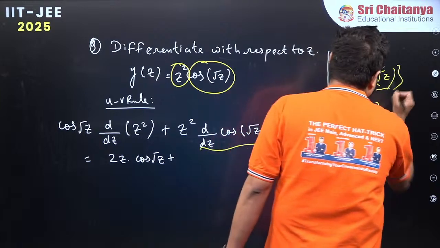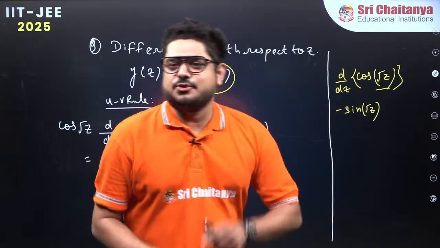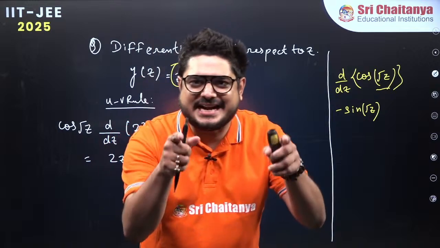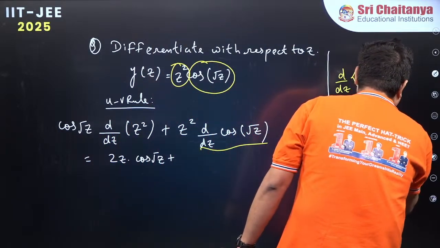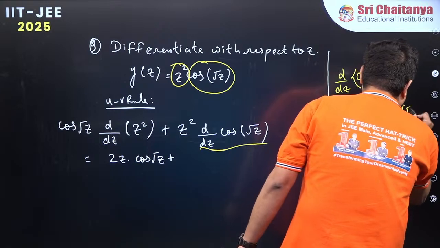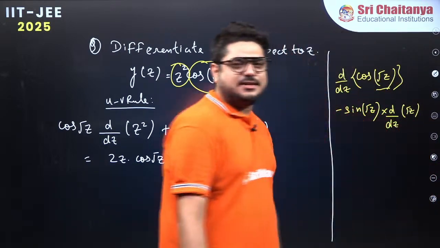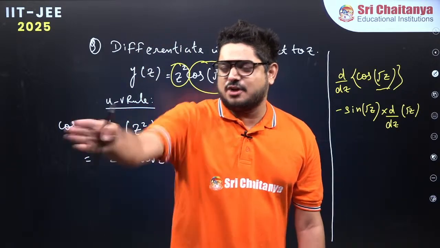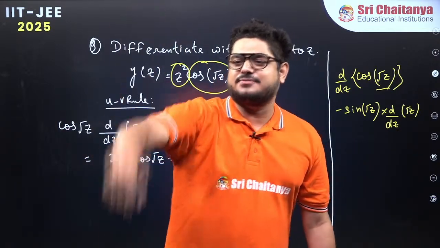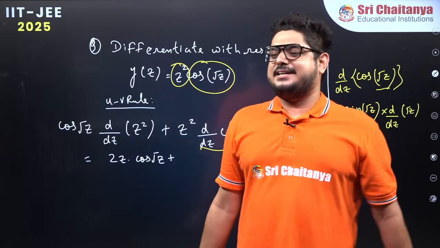But over here we are not having z, we are having root z. So what you have to do? You need to differentiate that root z with respect to z, isn't it? So into d by dz of root z you need to apply. If I solve this, what will I be getting? What is d by dz of root z? That is z to the power half, isn't it? So write down what is d by dz of square root of z, everyone.